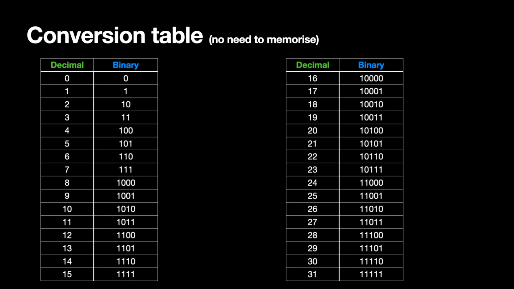Notice the number 15 in decimal is 1111 in binary. The number 31 in decimal is 11111 in binary. Observe the table carefully and notice that in the binary column we only have zeros and ones.